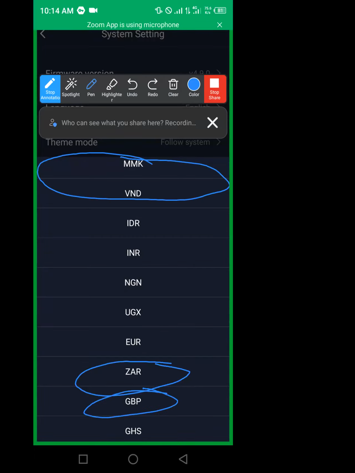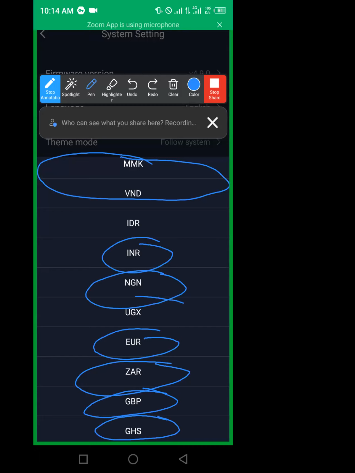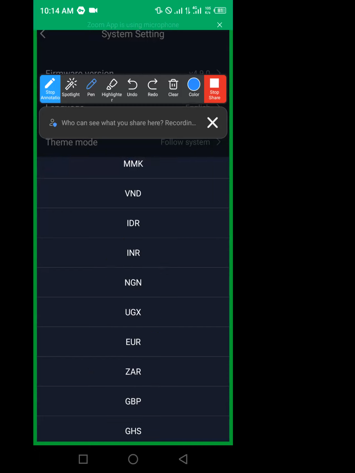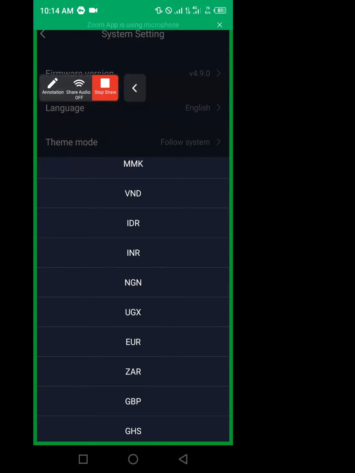Maybe you want Ghana money, it is GHS. If you want Nigerian naira, you click NGN. Indian rupee, INR. If you want euro, you can click here. If you are a Ugandan and you want your money shown in Ugandan shillings, you click on UGX. The moment you do that, your money is going to be shown in the currency that you understand. Yes, it will put USDT, but below it will also put the amount in the currency that you want.